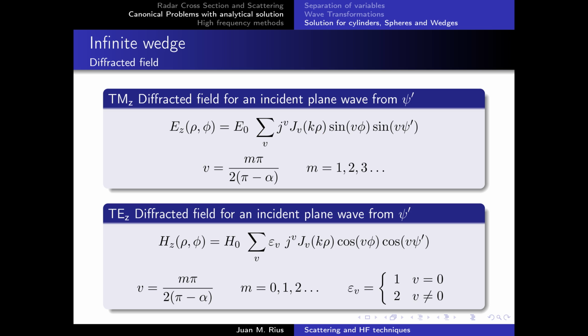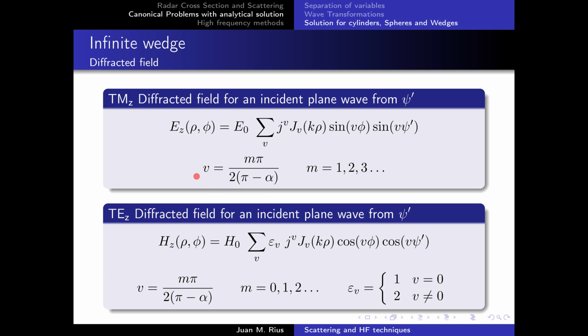It is interesting to note that the order of the harmonics in the Fourier series, that is equal to the order of the Bessel function, is non-integer. The order of the harmonics depends on the wedge angle alpha, and it is a fractional number.